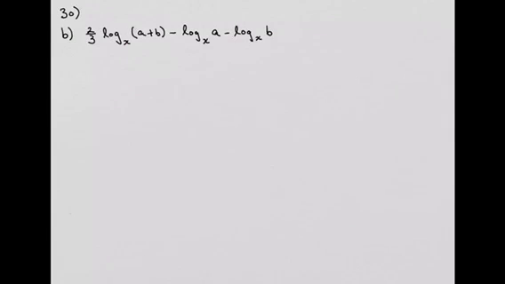Looking at problem 30B, we do have a product here, and similar to part A, that product can be rewritten as a power, and that's using the power rule. So this becomes log base x of a plus b, which is the quantity to the 2/3 power.